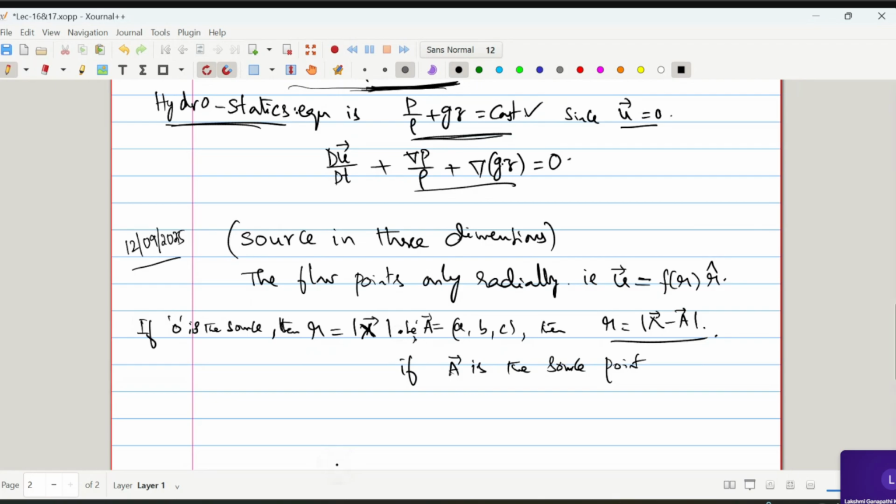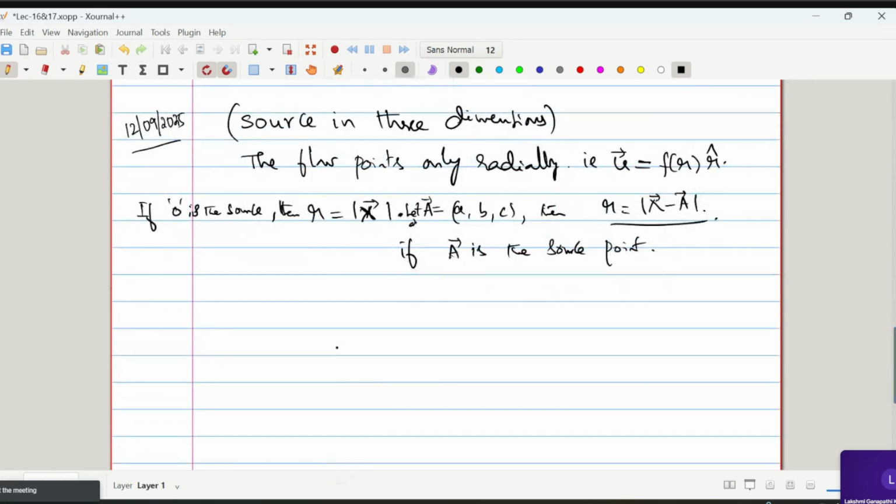So this is how your flow velocity is only in the direction of r; the only component is the r cap component. Now in the spherical coordinate system, what is your del dot u? Your del dot u should be 0, right? So what is your del dot u?